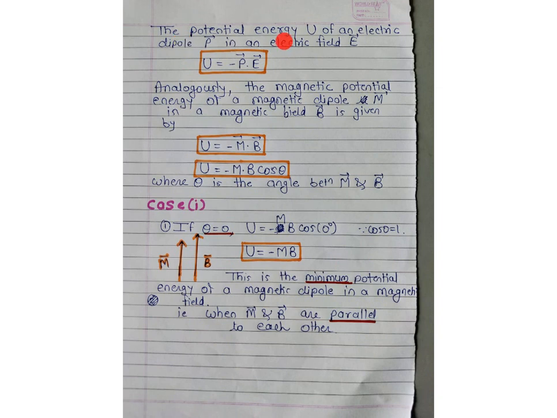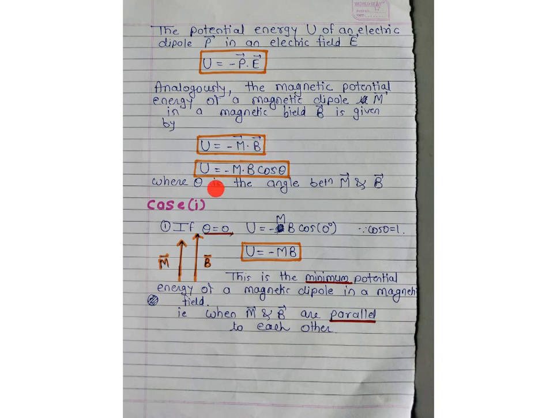The potential energy U of an electric dipole in an electric field E is U equal to minus vector P dot vector E. Analogously, the magnetic potential energy of a magnetic dipole M in a magnetic field B is given by U equal to minus M dot B, where M is the magnetic dipole moment and B is the magnetic field.